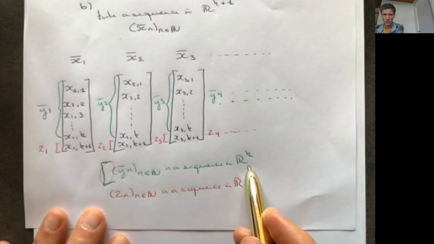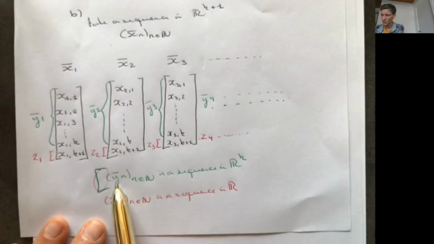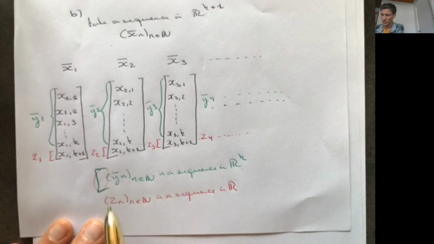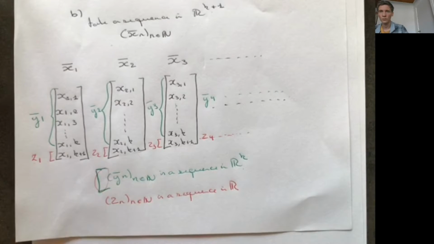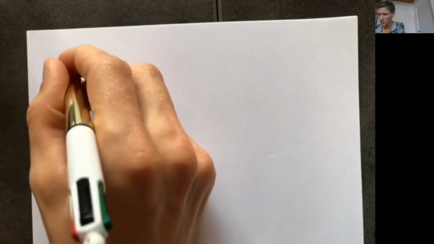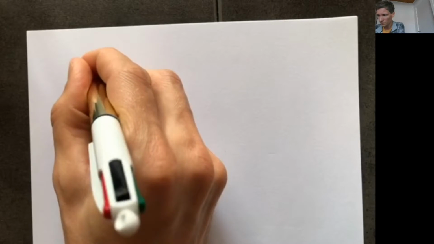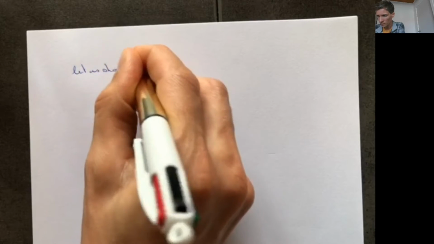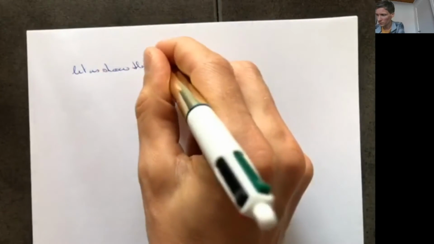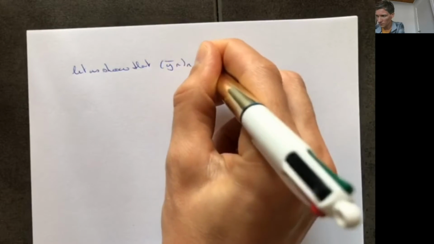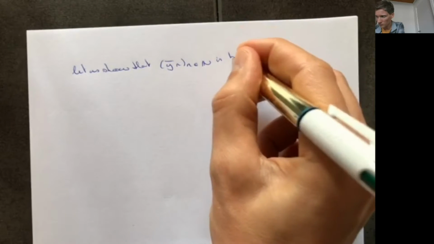So in particular, let's start by trying to use induction on this one. This is a sequence in R^k. We assume P(k), so we know that if this is bounded, then it has a convergent subsequence. So the first thing that we're going to show now is that this sequence of yn is bounded.